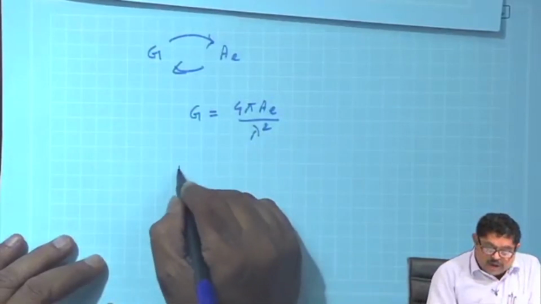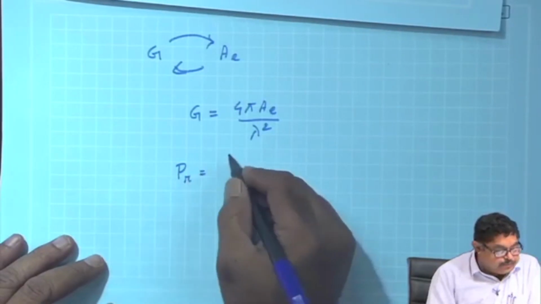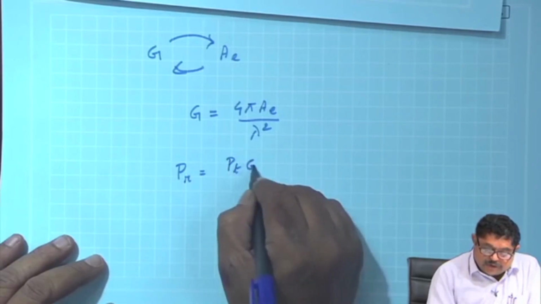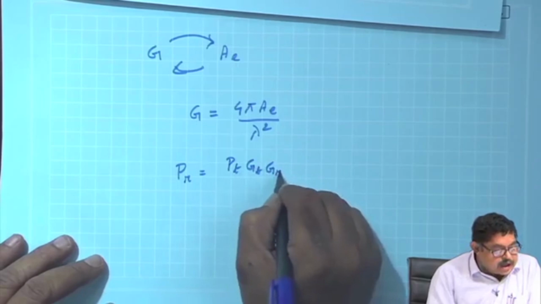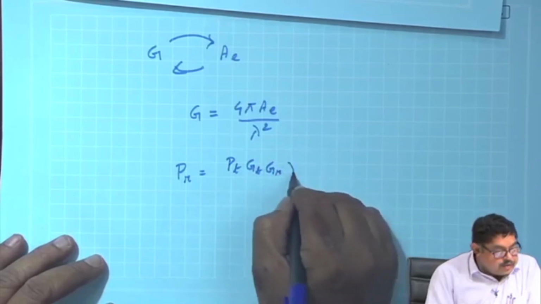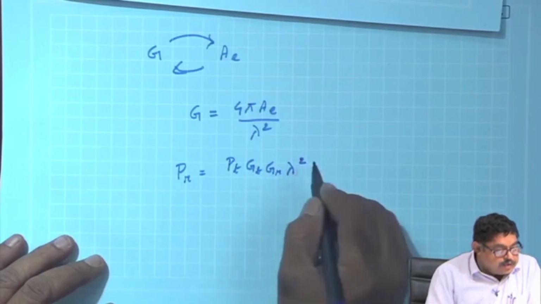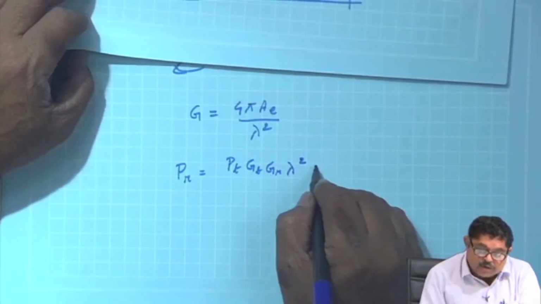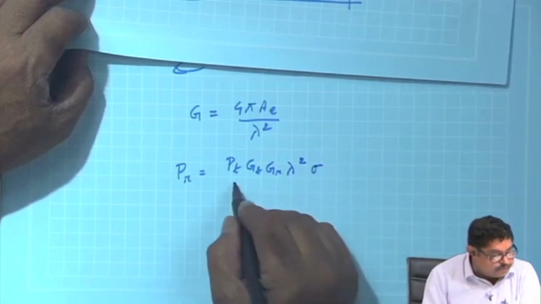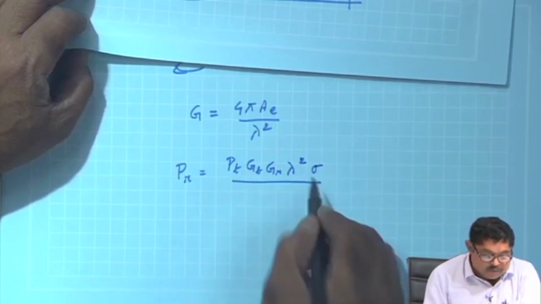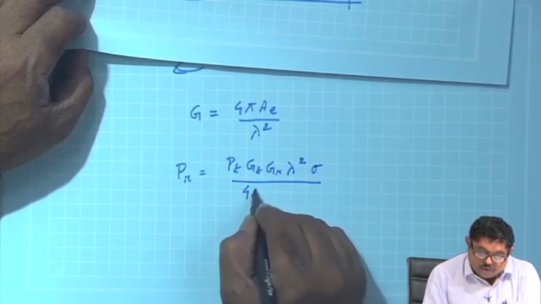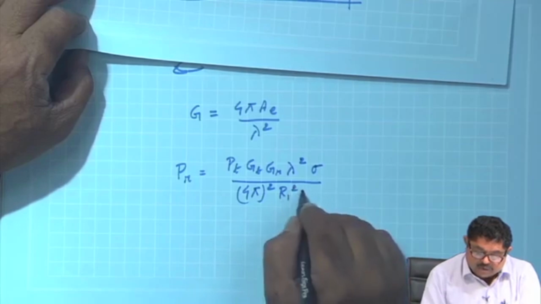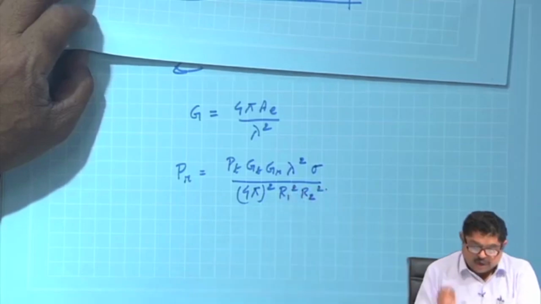If you just put this in, you will get the expression for PR: PT GT GR sigma, then 4 pi whole square R1 square R2 square.